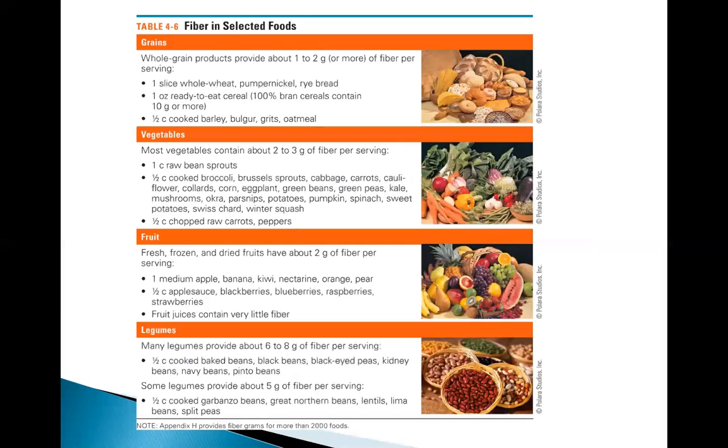So most grains have 1 to 2, vegetables 2 to 3, fruit 2 grams, and legumes 6 to 8. So remember, we want to have 25 to 38 grams. And so if we're just eating grains all day, we're going to have to eat a lot of grains. If we add fruits, vegetables, and legumes in, we're not going to have to eat so much of those. And if we eat a lot of legumes, we really won't have to eat that much at all because they're so fiber packed.